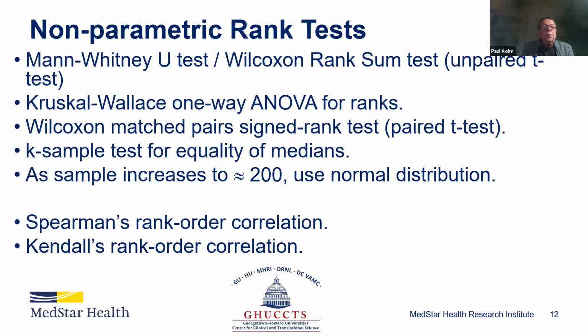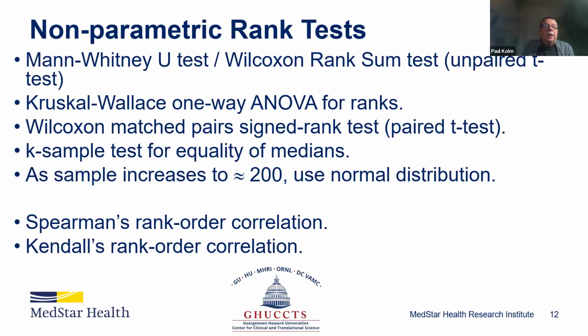Then we can do what's called a k-sample test for equality of medians. This tests whether the medians of two distributions are the same. The thing, though, is that as the sample size increases to around 200, give or take, these tests end up using the normal distribution.